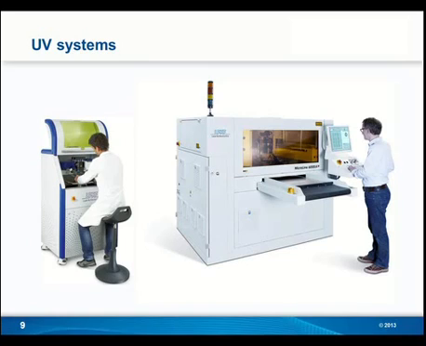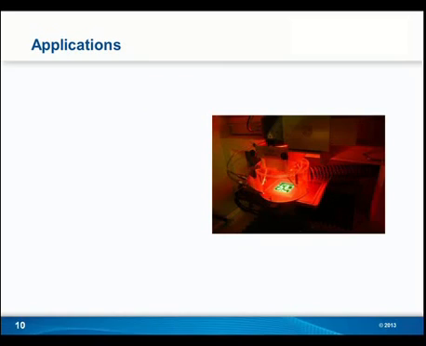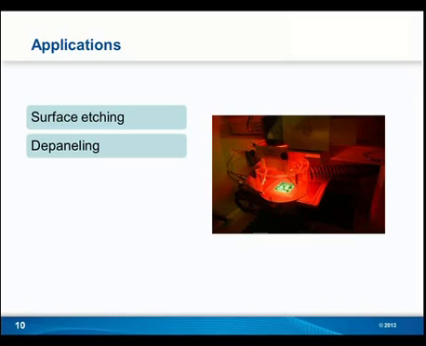Gotcha. Thanks, Marilla. So now I wanted to cover the applications we're going to go over today. First of all is surface etching, which is really going to focus on circuit creation. Then we're going to talk about depaneling, which is a huge area of application for UV lasers.